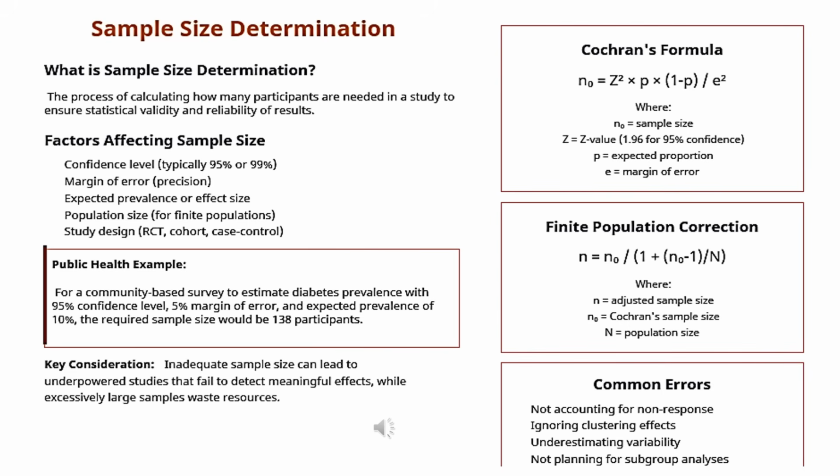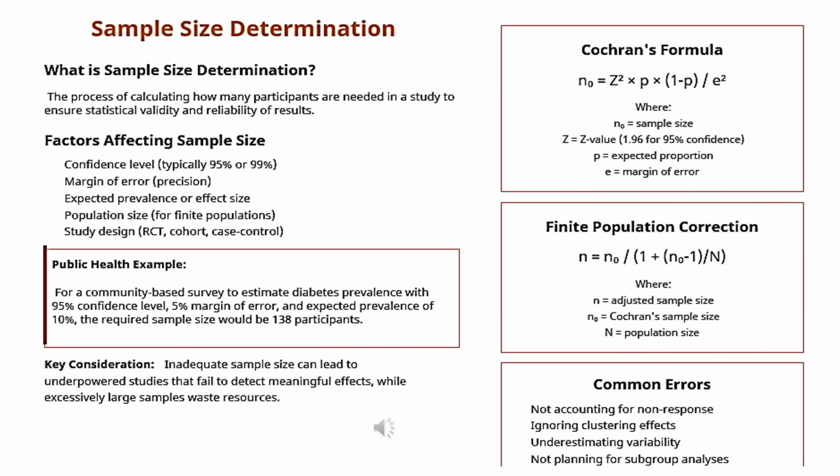Let's look at some of the commonly used formulas for sample size calculation. One of the commonest is Cochran's formula, especially for estimating proportions in a large population. It involves the z-value, which corresponds to your chosen confidence level, then the expected proportion and the margin of error, as demonstrated in the formula.